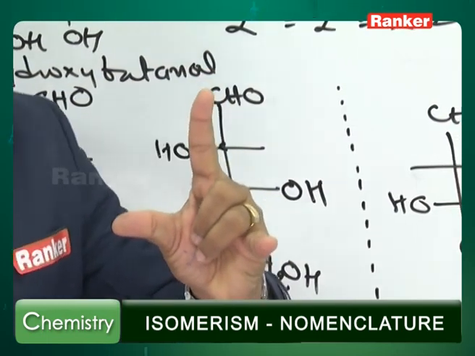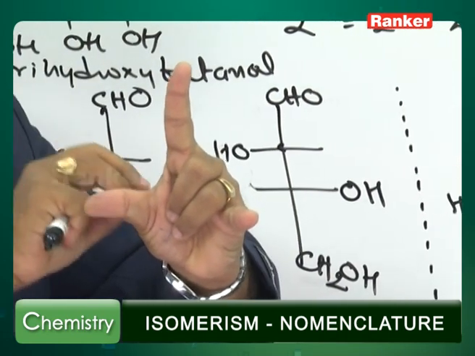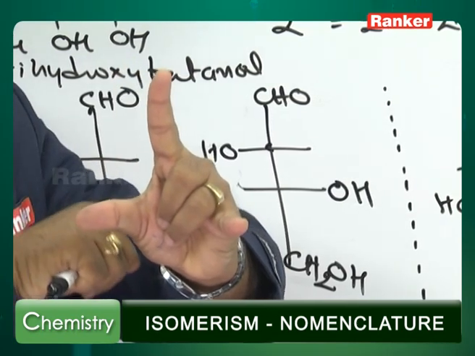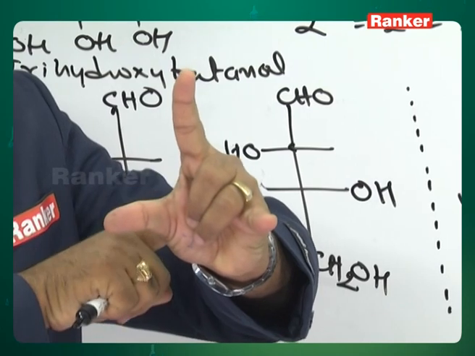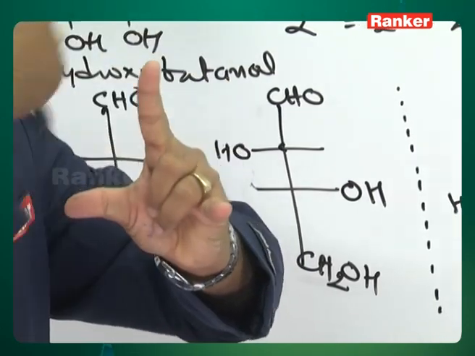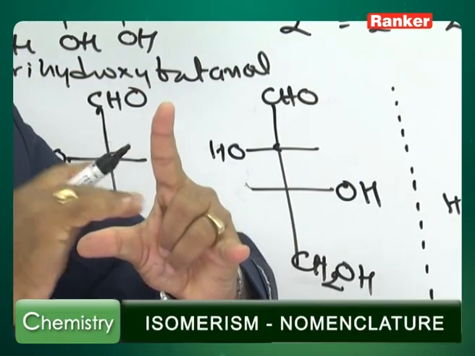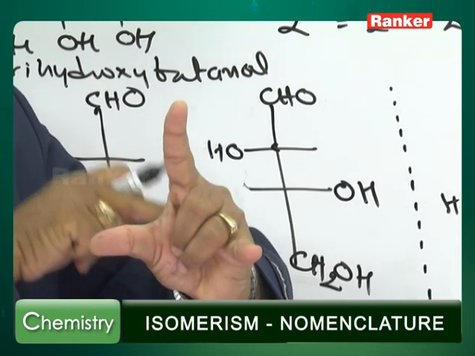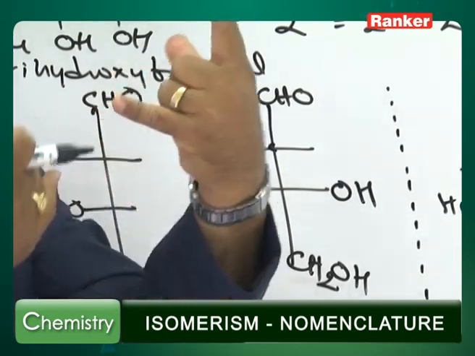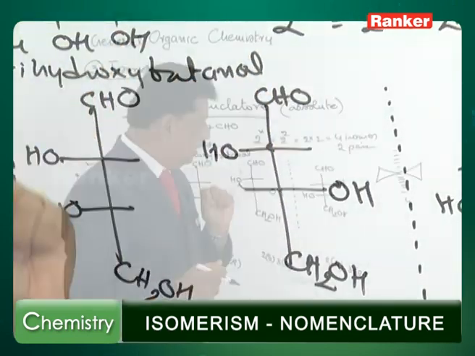So what exactly is RS nomenclature? You read the compound from the rear side of the least preferable, the fourth group. What is this back side called? The rear side. So read the compound from the rear side of the least preferable group, the fourth group, and say whether it is clockwise or anti-clockwise.